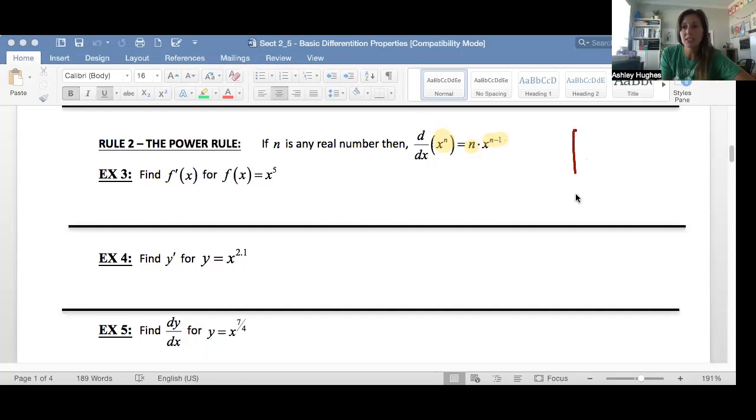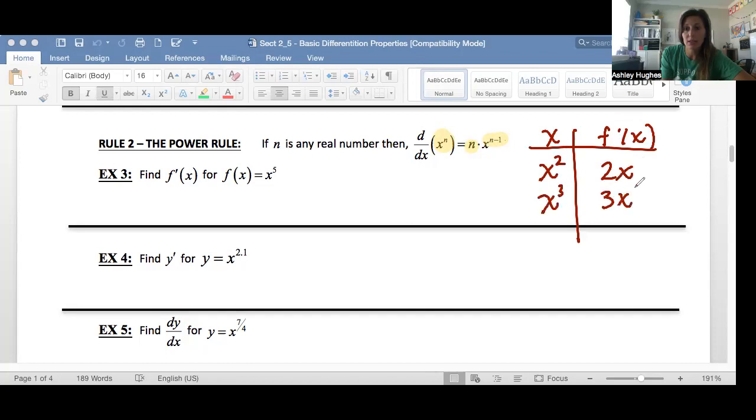Normally, when I teach this in a classroom setting, in person, I would write a chart out and see if you could figure out the pattern yourself. So usually I write down a function, f of x, and its derivative, and then I ask the students, what do you notice?